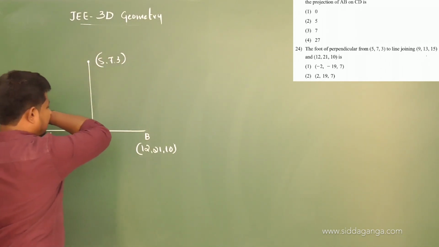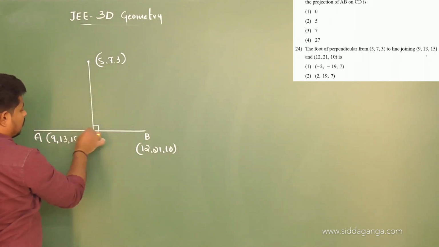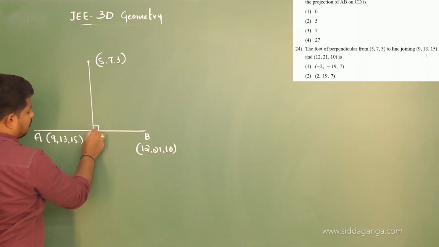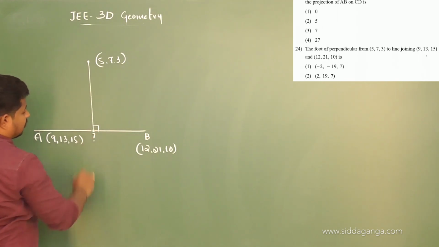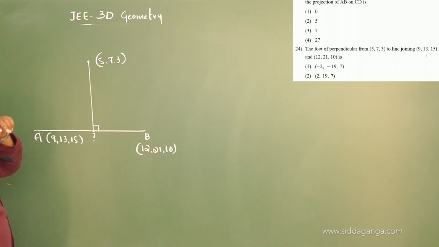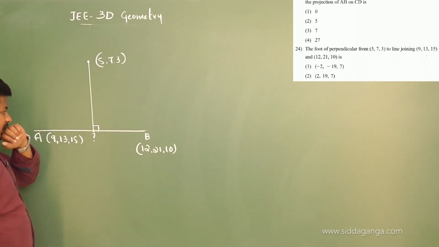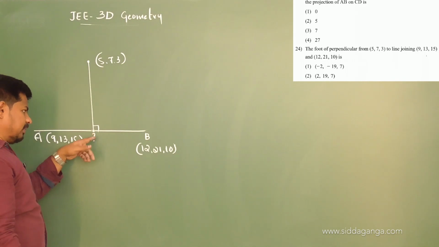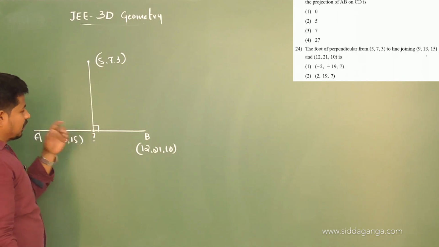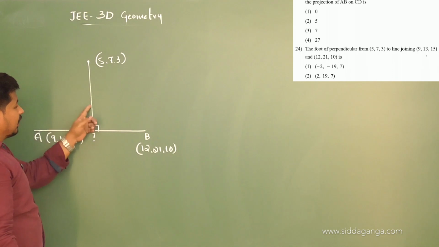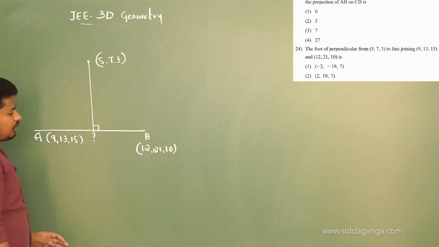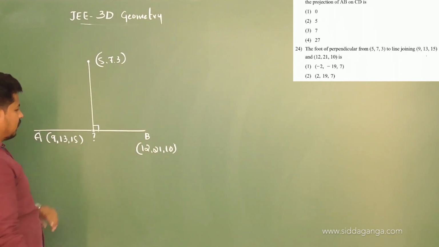We have to find, as mentioned in the question, that this is perpendicular to the line joining these 2 points. Then what must be the foot of the perpendicular? That's the question. Before finding this, let me check. There may be a case that this might be A or B also. So how to check that?